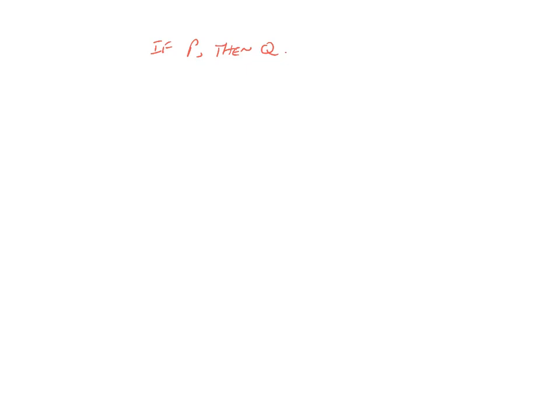If P, then Q. Interestingly enough, as a side note, biconditionals, which would be P IFF, or if and only if, Q, are really twofers. That really gives you if P, then Q, and also if Q, then P. Both of these are true. This one is a biconditional, and the IFF stands for if and only if.